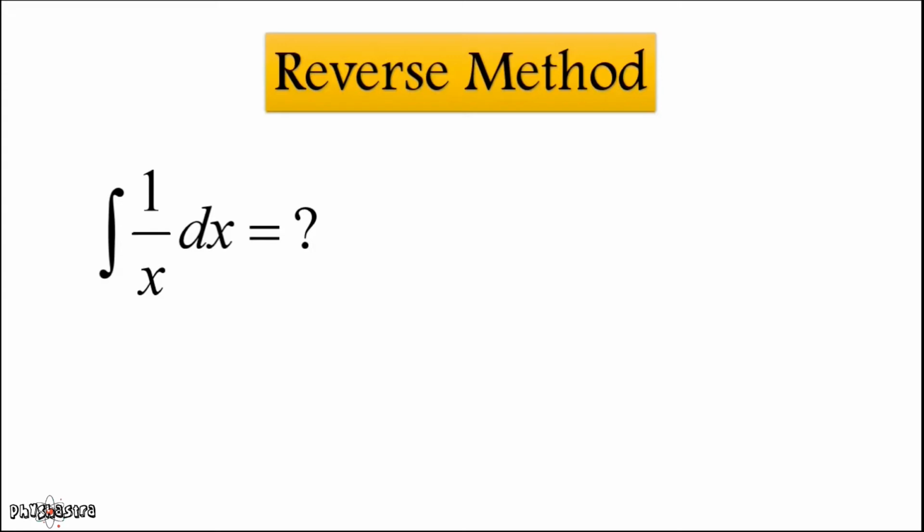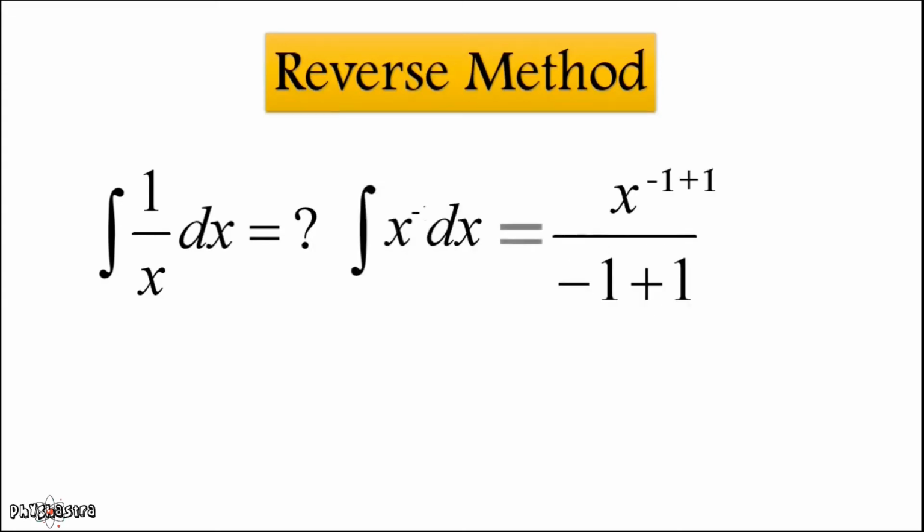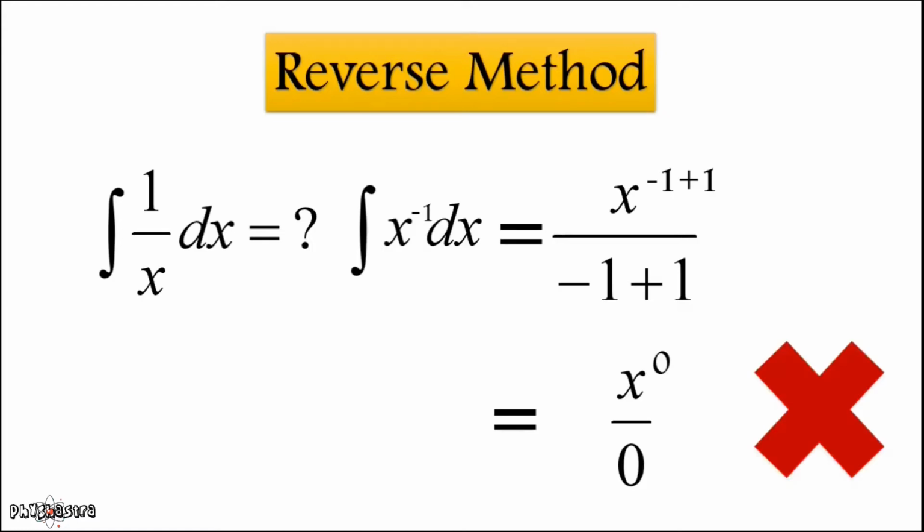When we apply it on x raised to negative 1, n is negative 1, so we get x raised to negative 1 plus 1 divided by negative 1 plus 1, and we get x raised to 0 divided by 0. You know that any number divided by 0 is not valid. It will lead to infinity, and so it is not our answer.